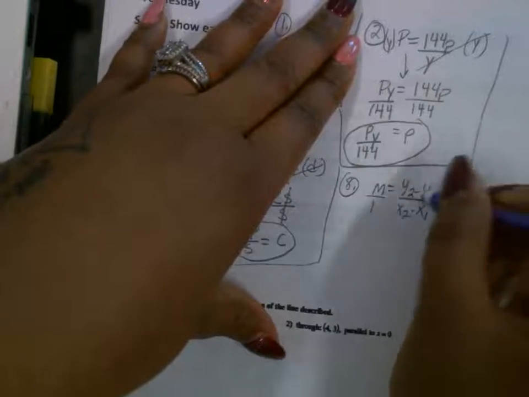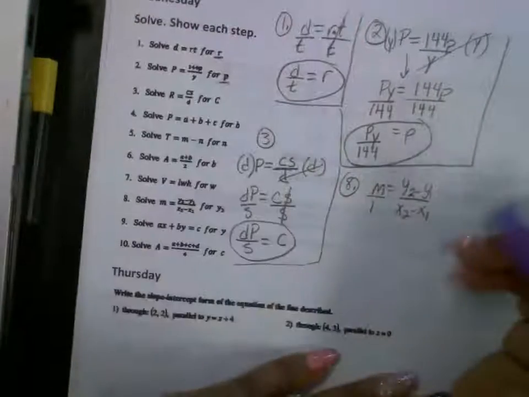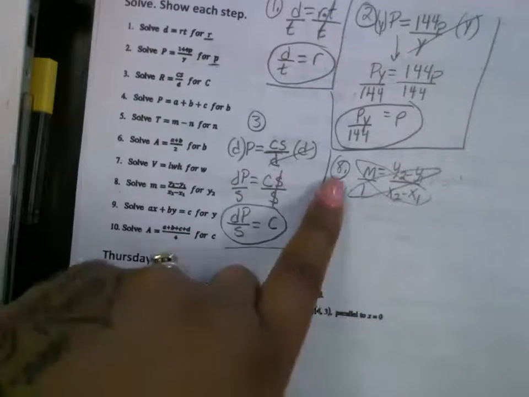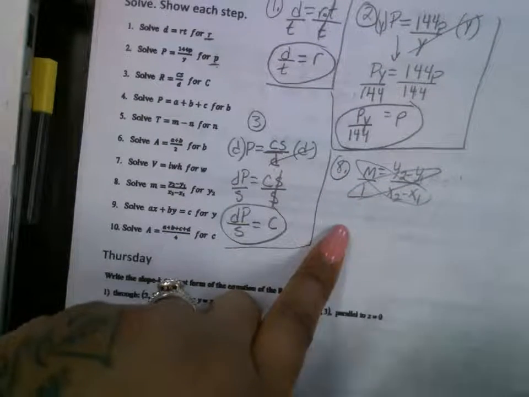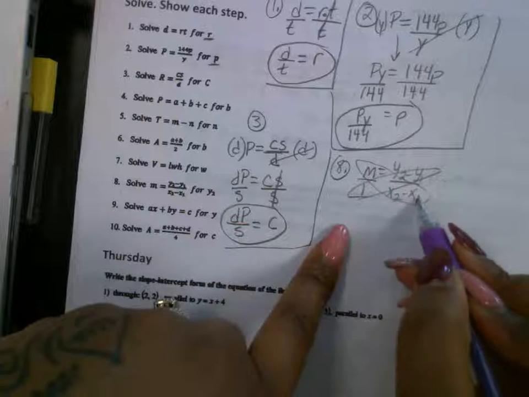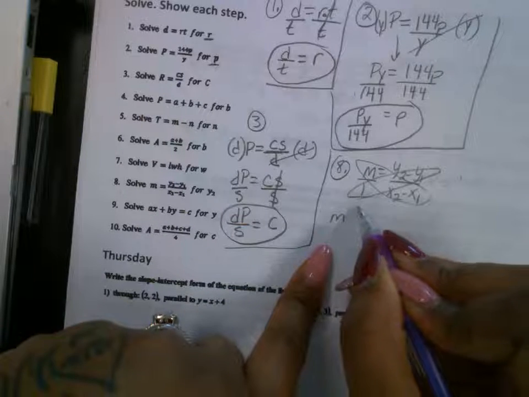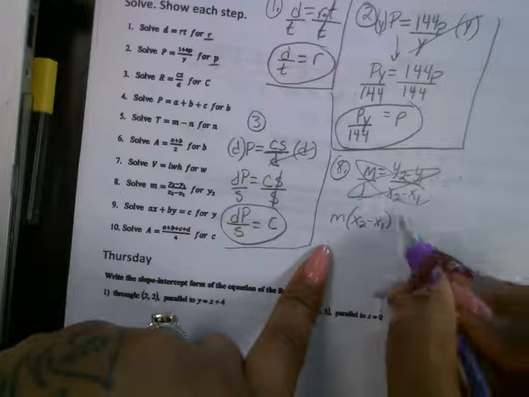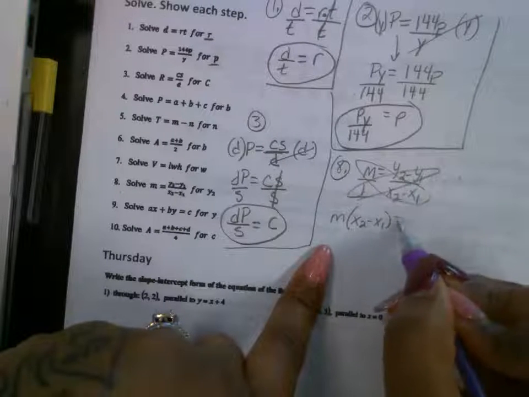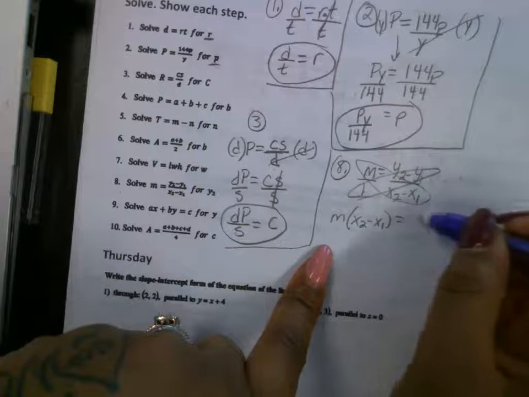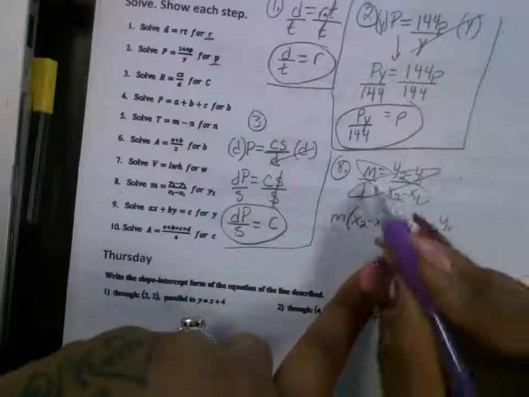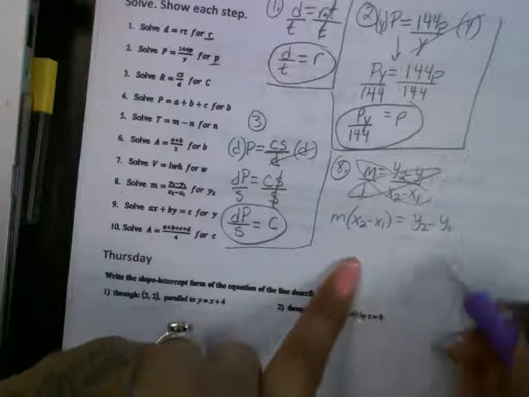Okay, so it might be easier for you to see it as a proportion, which is cross multiplication. Okay, make m into a fraction by putting a 1 under it. So now when I multiply, I got m times x2 minus x1 on this side, and 1 times y2 minus y1 is just y2 minus y1, right? 1 times anything is going to give you what it is.